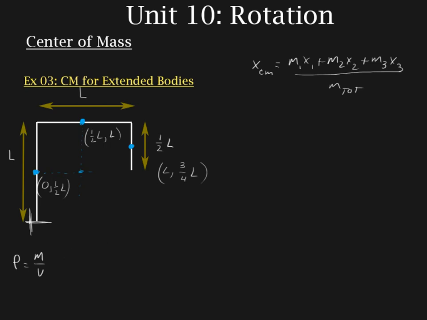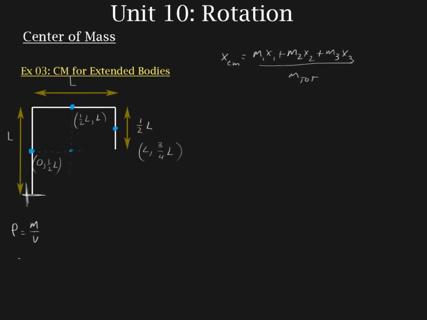So this is a three-dimensional density, this is a one-dimensional density, and the next example will be a two-dimensional density. So for a two-dimensional density, we have an area, which we could say the surface, right? Sigma, surface. That's going to be equal to mass per unit area.